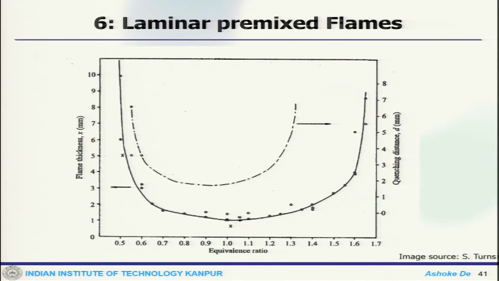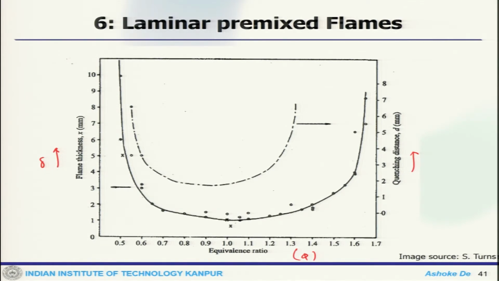Now, if we plot that, this is my flame thickness, that means this side is delta, this is the quenching distance d in millimeters, and this side is my phi. Now, there is a nice variation of the flame thickness.